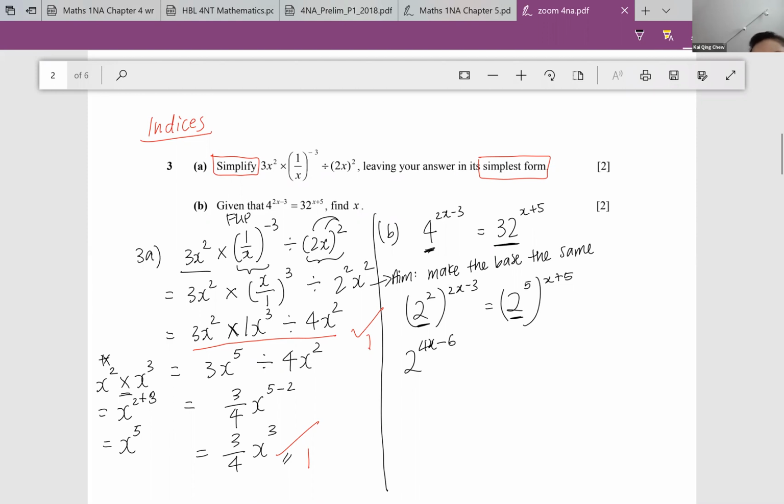Sorry, a bit ugly, I'm going to write again. And then the other side will be 2 to the power of 5x plus 25. See, the base is the same. So the next step, once my base is the same, I can compare the power.